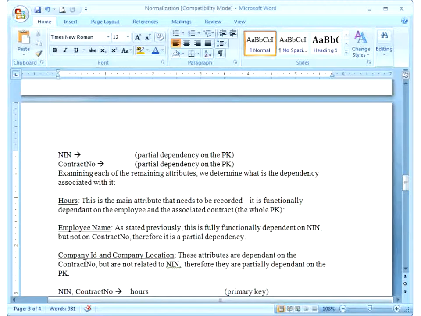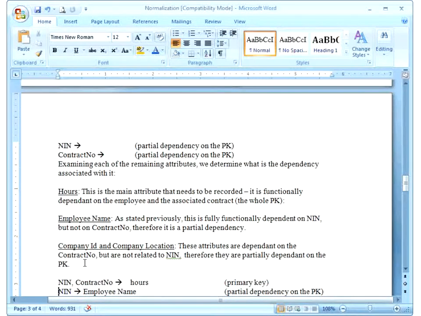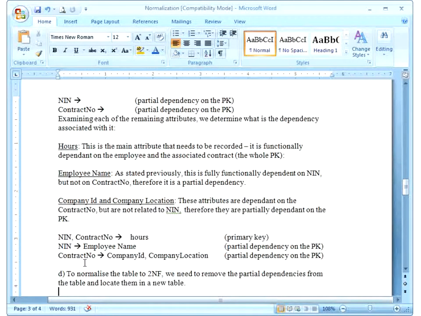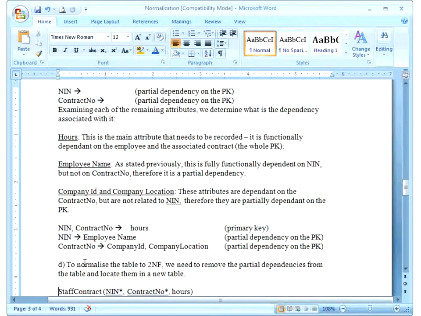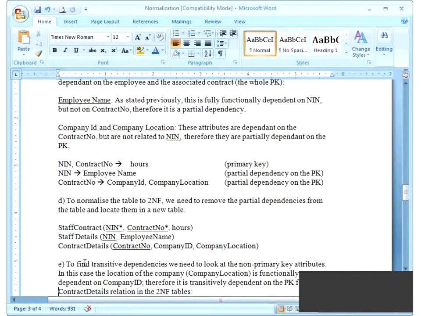So there is a problem, and we need to resolve it to make the table second normal form. Company ID and company location are dependent on contract number, but not related to national insurance number, so these are also partially dependent on the primary key. To normalize this table to second normal form, we need to remove the partial dependencies.